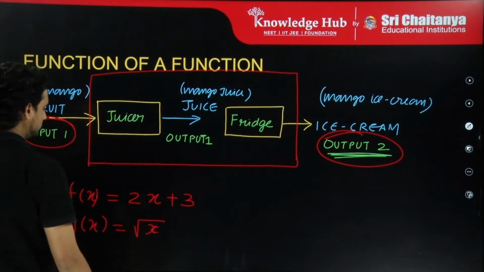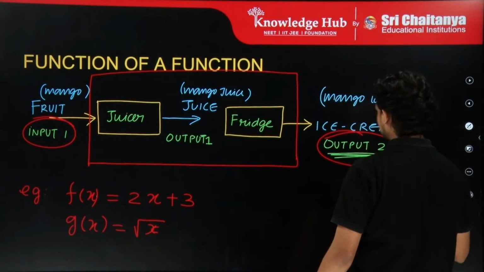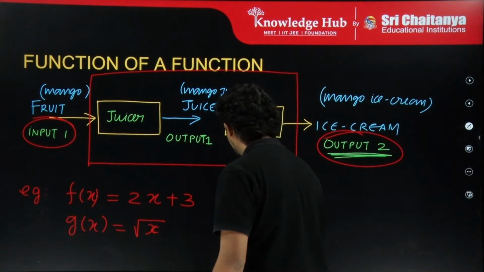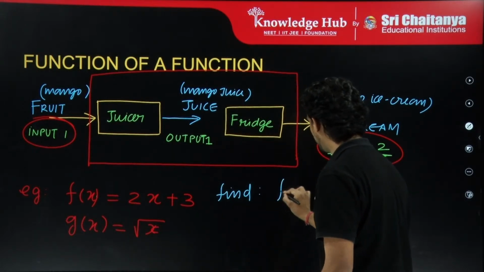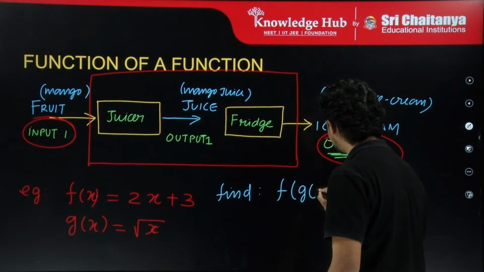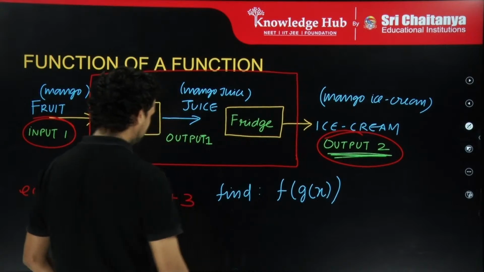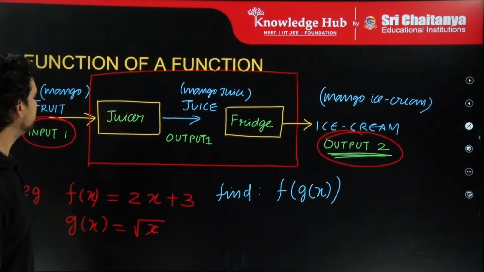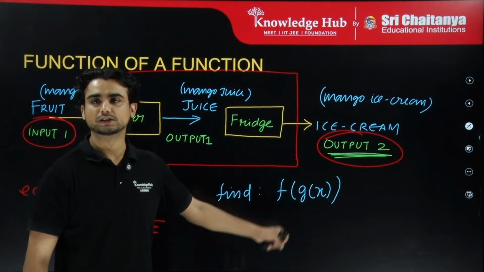Okay, so now let's say they ask me to find f of g of x. So if they say find f of g of x, let's look at this closely.